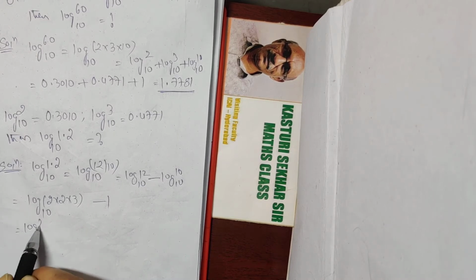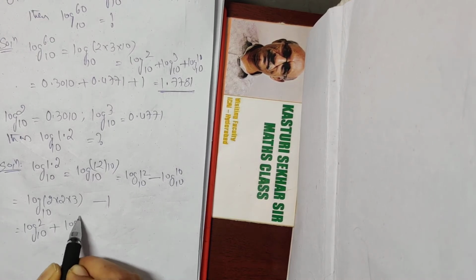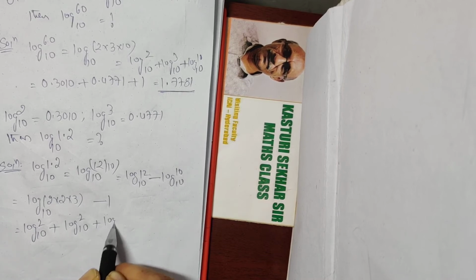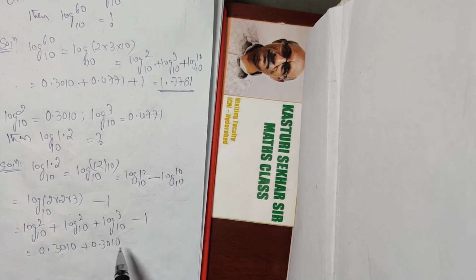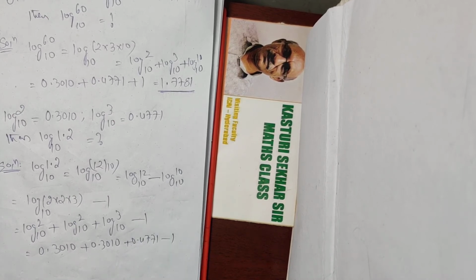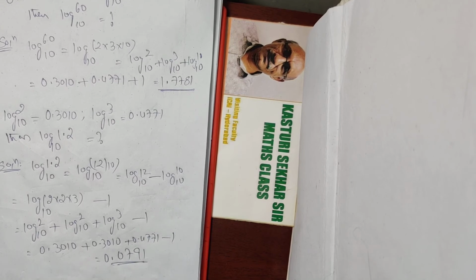So you can write it as log 2 plus log 2 plus log 3 minus 1. So 0.3010 plus 0.3010 plus 0.4771 minus 1 is 0.0791.